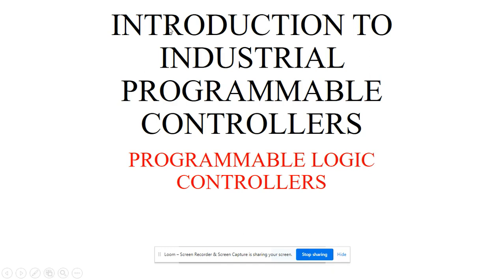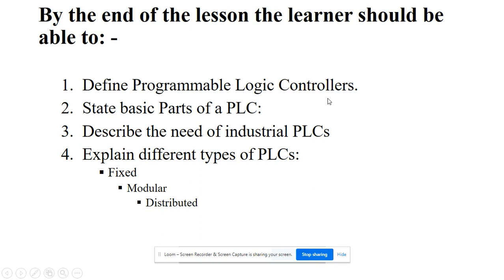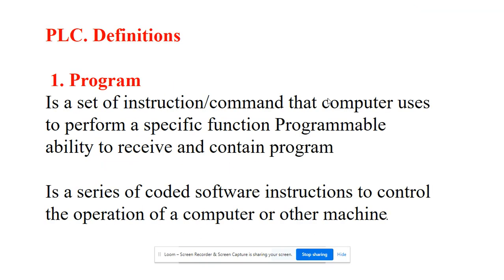So today we are going to look at an introduction to industrial programmable controllers. By the end of the lesson, the learner should be able to achieve the objectives listed there. For the definition part, we are dividing the word.